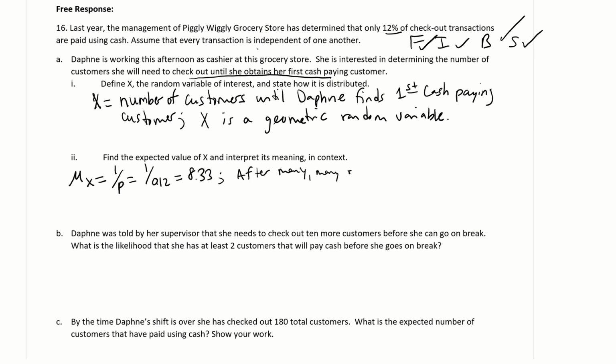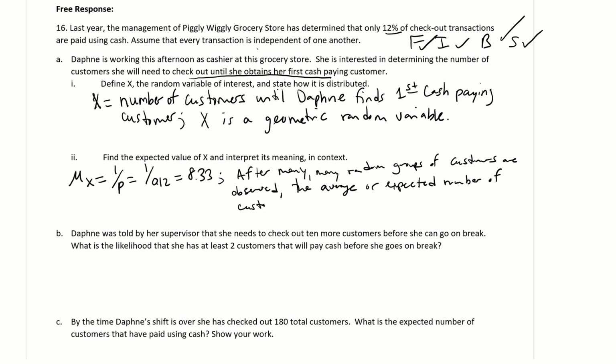After many random groups of customers are observed or selected, the average or expected number of customers before one pays cash is about 8.33.